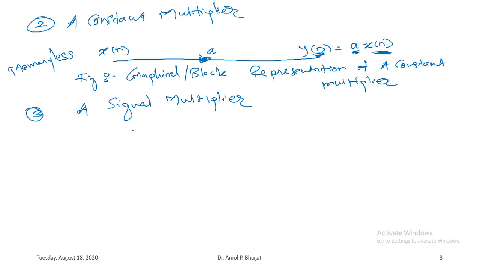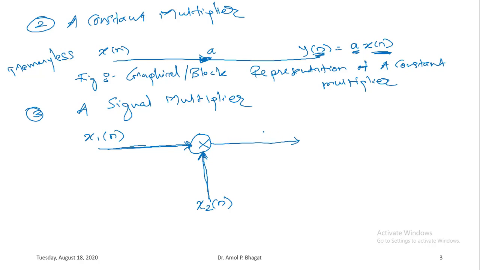So again, this can be represented in graphical form as you are applying two input signals x1 of n and x2 of n to this multiplier. These two input signals are applied to this signal multiplier to produce the output, again y of n, which is the multiplication of x1 of n and x2 of n.